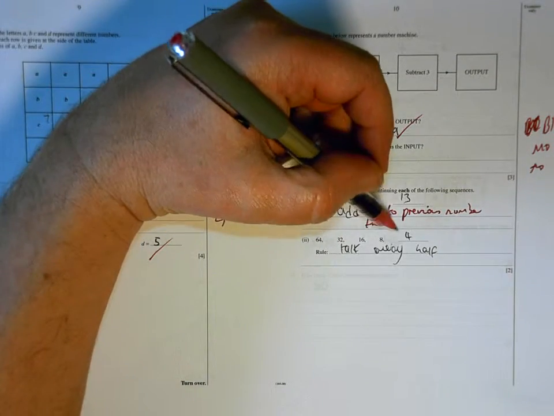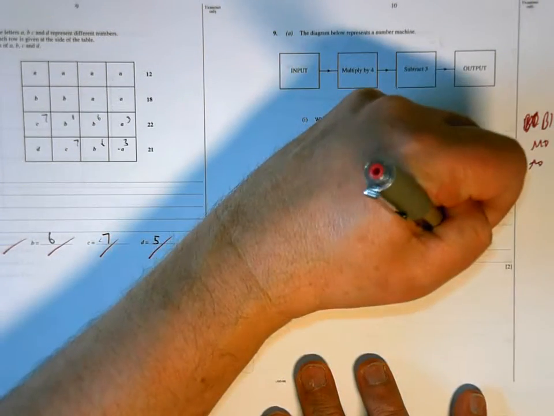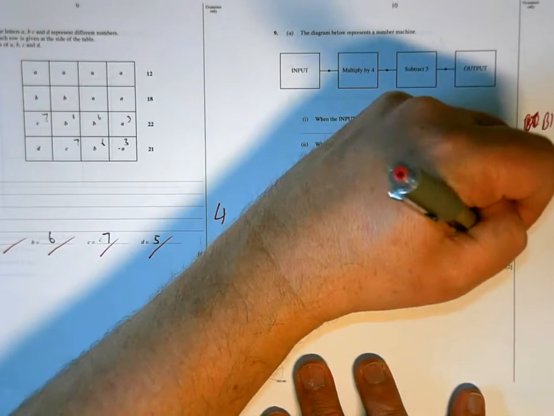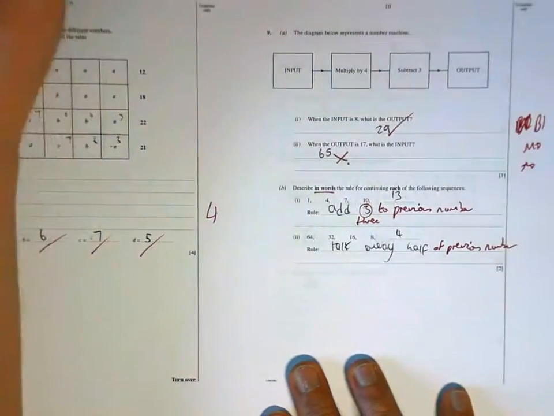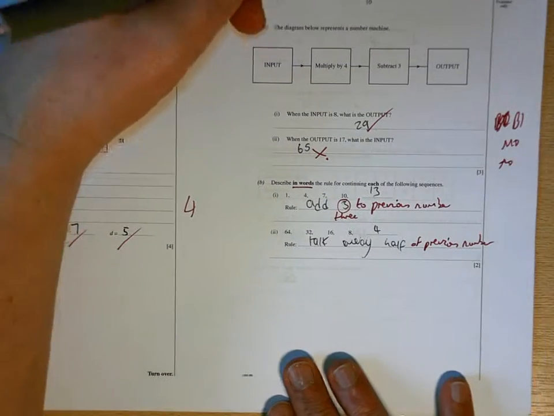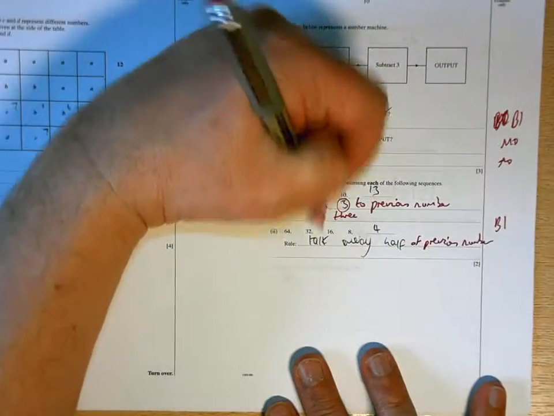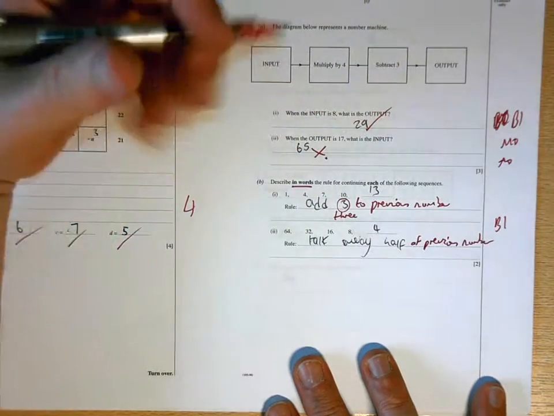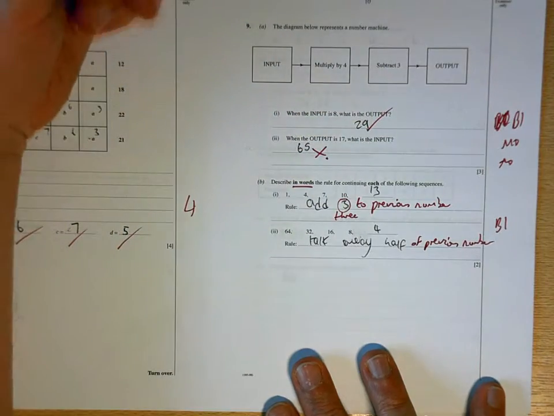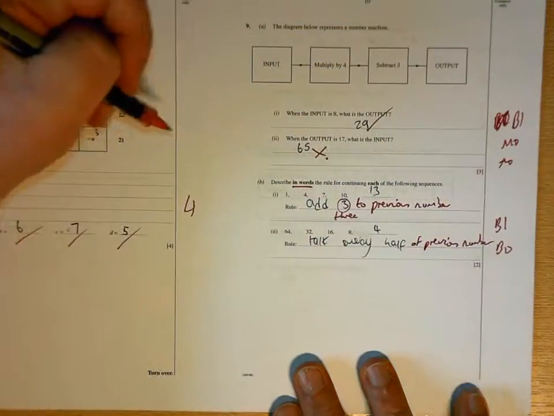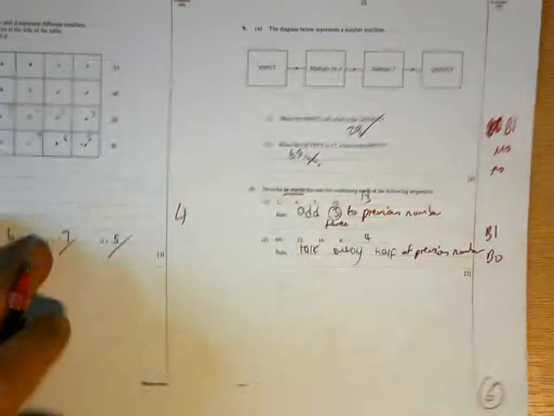Taking away half of previous number would be correct, as would halving the previous number. So I'm going to give you 1 out of 2 there, because neither of them are wrong, but neither of them are complete as far as in words are concerned. So 6 for the page.